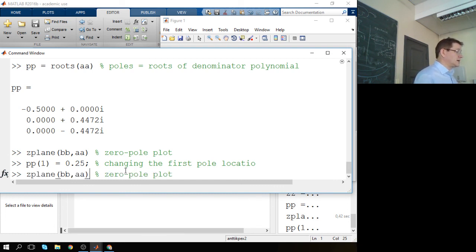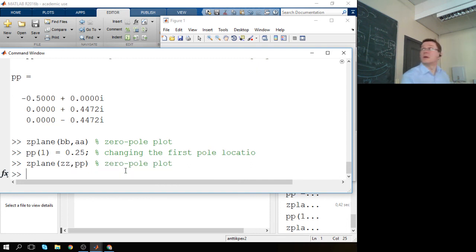And there I can also use ZPLANE for the plotting.